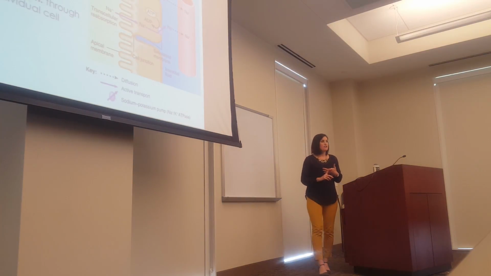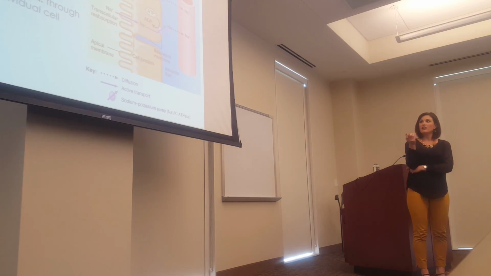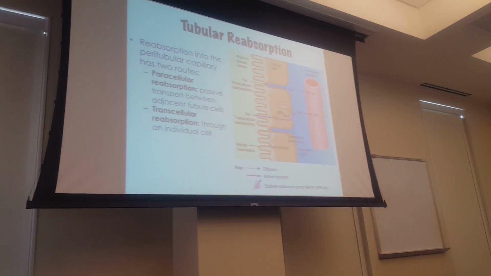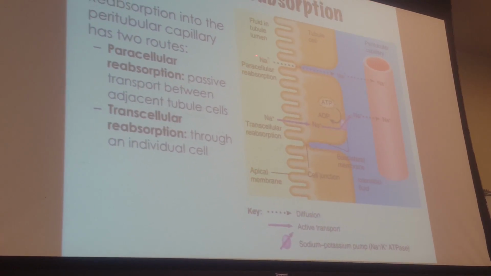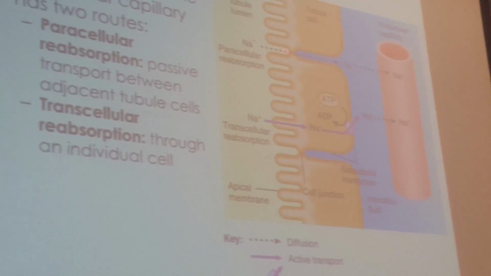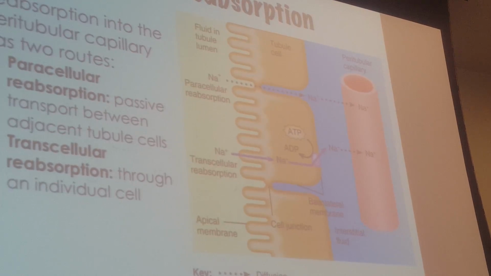So how do things move through the cells of the nephron? There are two methods for reabsorption. One is paracellular, where solutes can move through small channels in between the adjacent cells.